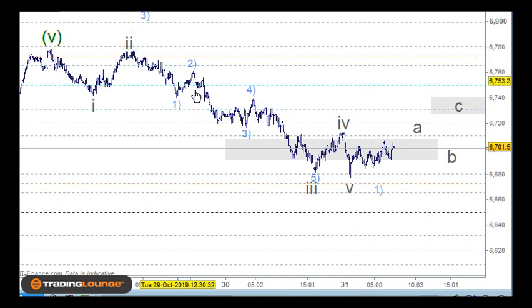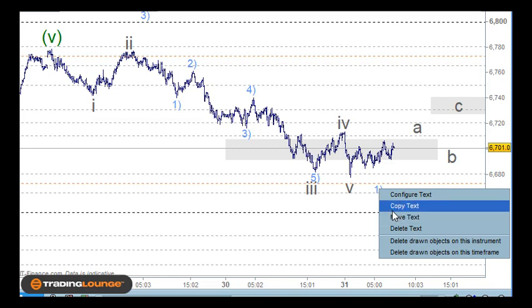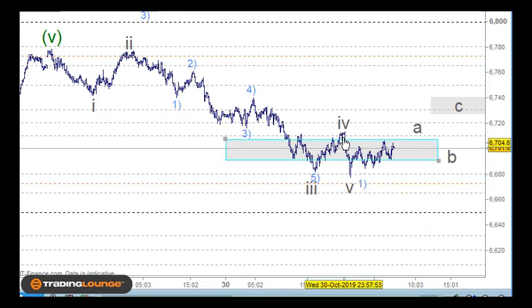Because the extension was in the 3rd wave, and wave 1 and wave 5 will be roughly the same. But we just need to be a little bit mindful, because if I move that to here, that could just be wave 1, and wave 2 doesn't even look like an impulse wave at this particular point.